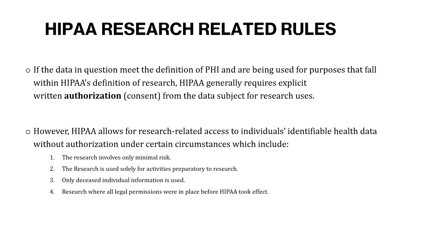However, HIPAA allows for research-related access to individuals' identifiable health data without authorization under certain circumstances, which include: the research involves only minimal risk, the research is used solely for activities preparatory to research, only deceased individuals' information is used, and last, research where all legal permissions were in place before HIPAA took effect.